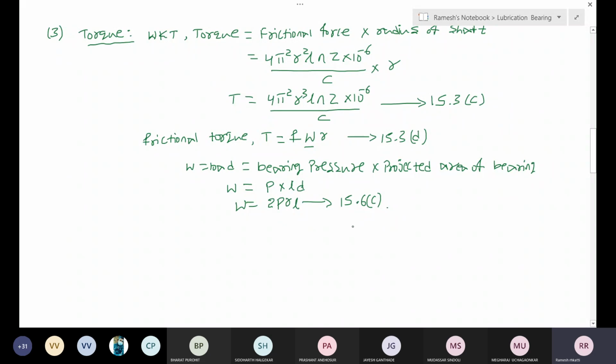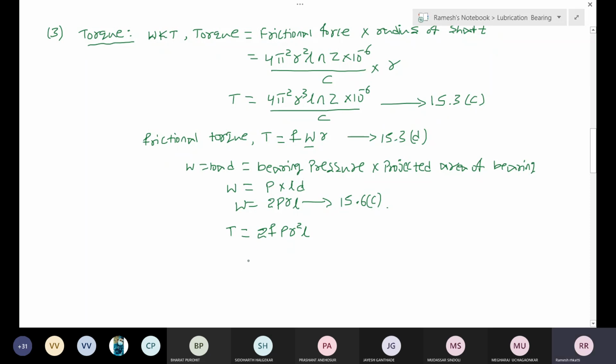And from the previous equation, that is the frictional torque, you can substitute the load W. Substitute this load in the frictional torque equation. Therefore, the frictional torque is equal to 2 f, the coefficient of friction, into P, the bearing pressure, into R square into L. This R multiplied by R will be R square.